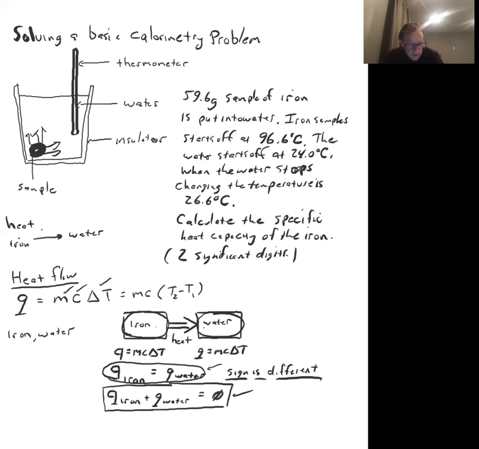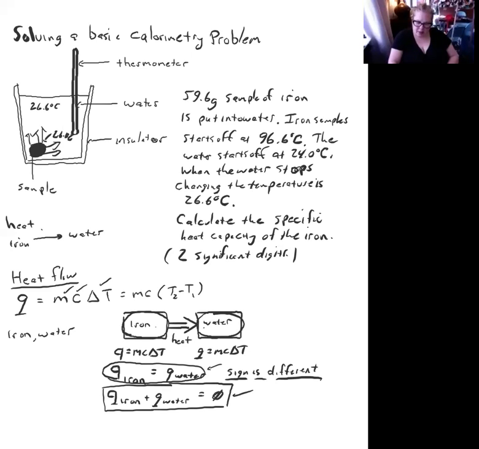So when the water reaches 26.6, the iron will also be at 26.6. They'll be at the same temperature because they're in the same mixture together, right? So at the end, the water will be at 26.6, but so will the iron. That's called thermal equilibrium, when two things come to the same temperature. So we can always assume that at the end of the experiment, they have reached equilibrium.